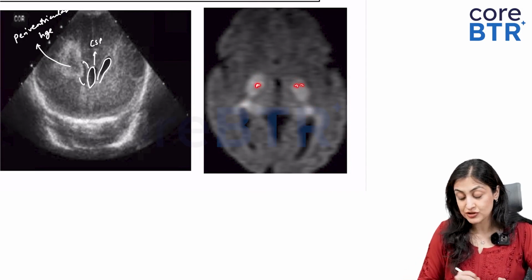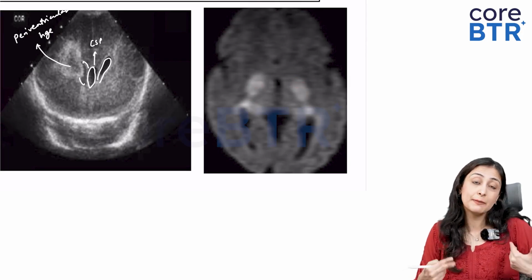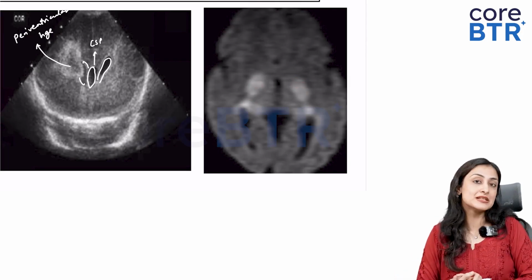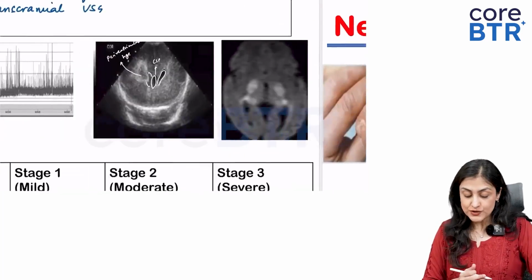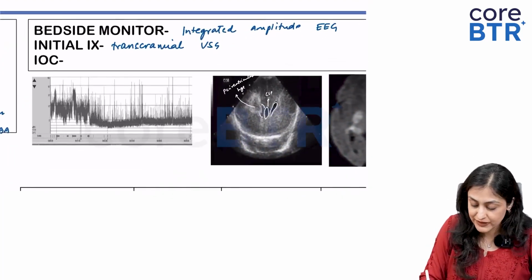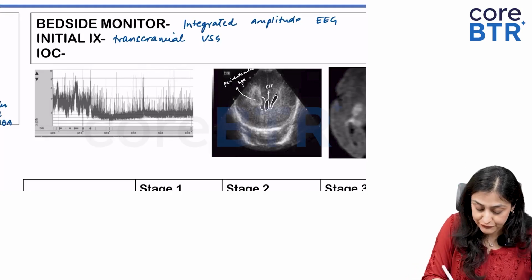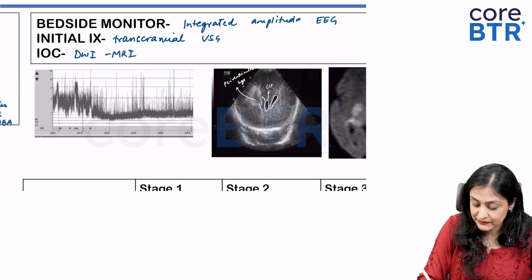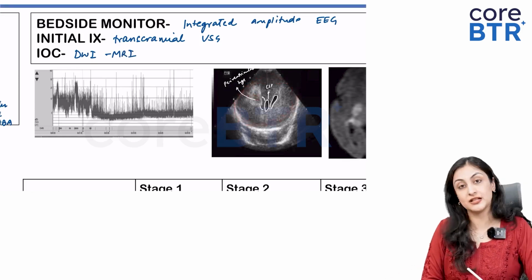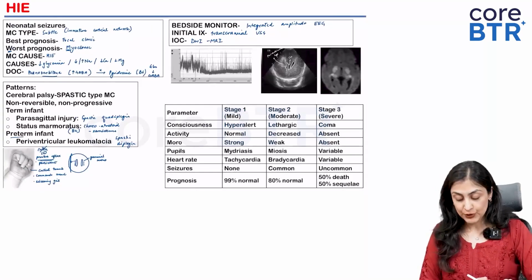You can see bilateral basal ganglia is affected because the metabolic demand of bilateral basal ganglia is the highest. So the investigation of choice for ischemic insult is obviously diffusion weighted imaging MRI. But initially we can do this bedside transcranial ultrasound to rule out bleeding.